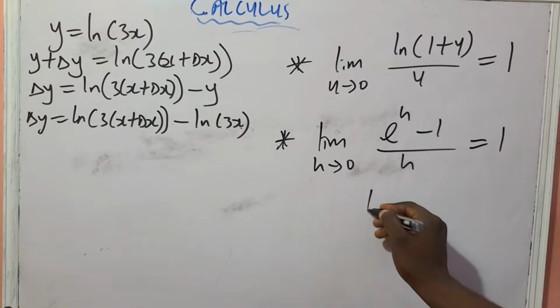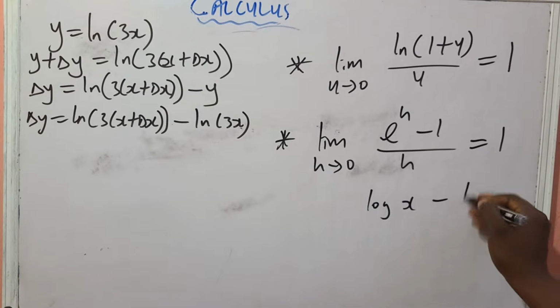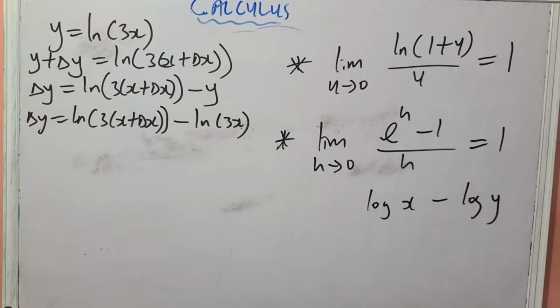Remember when we were dealing with logarithm and we say log x minus log y. What do we say this is going to be equal to normally? We say this will be equal to log of x over y. This is a law I believe everybody here agrees with, right? Good.